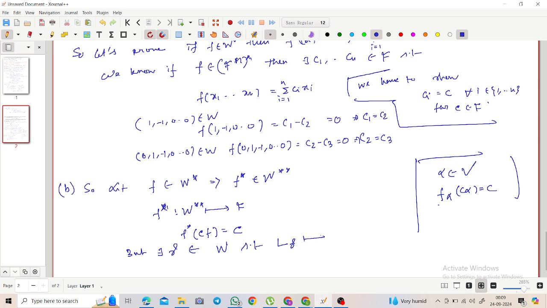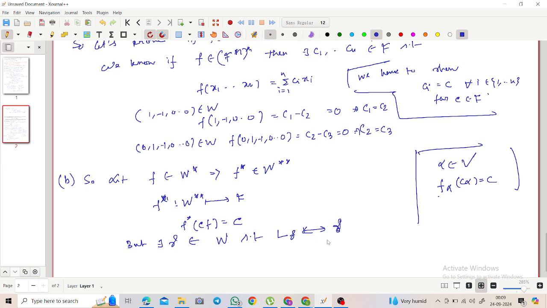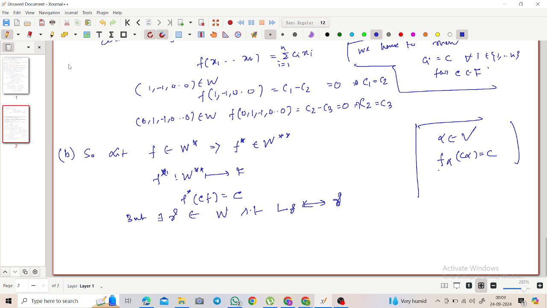such that L gamma and gamma correspond to each other, right? So L gamma of f is f of gamma. Write gamma as c1 to cn, f of c1 to cn.